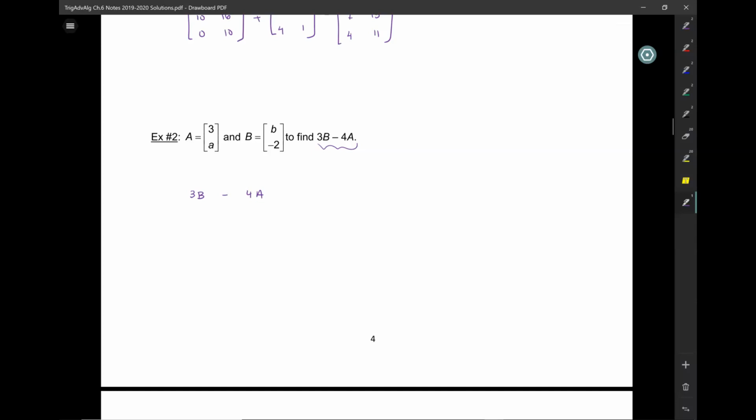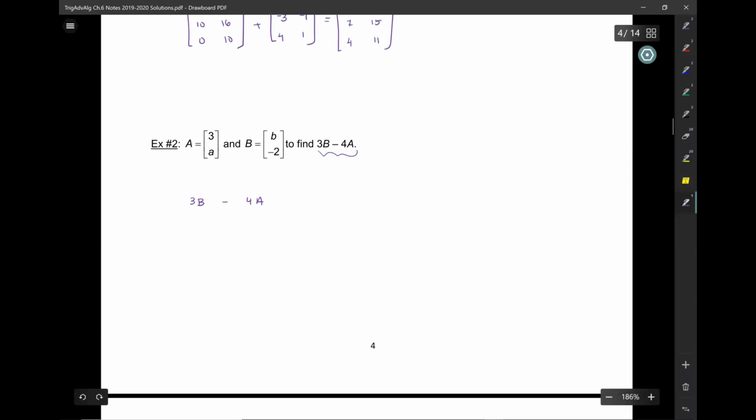So what's 3B? 3B is the matrix B multiplied by 3. So the elements are 3 times B, right? So I'm multiplying this by 3. And 3 times negative 2 is negative 6. Minus, now I need to do 4 times A. So multiply everything here by 4. 12, 4A.